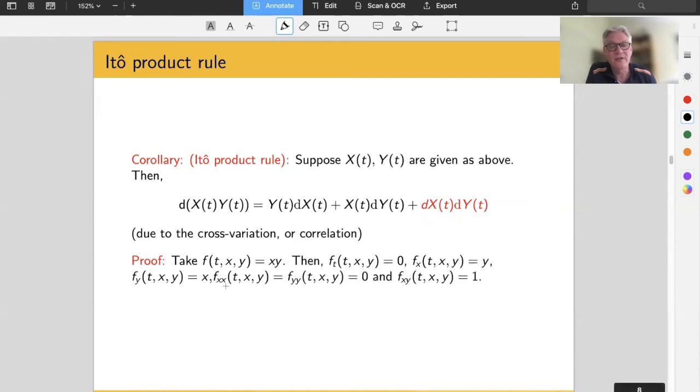The second derivative with respect to x and the second derivative with respect to y are equal to 0, and the mixed derivative is equal to 1. And that mixed derivative gives us this part. So if we substitute these derivatives in the two-dimensional Ito-Doeblin formula, immediately we find this Ito product rule. So that makes the proof of the Ito product rule.